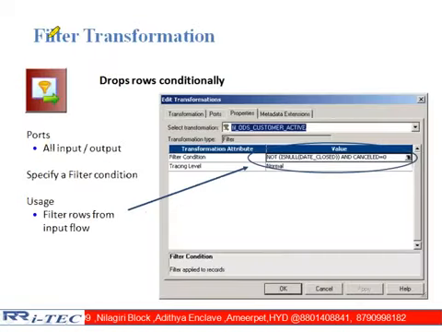Right. See this one, filter transformation is useful to drop rows conditionally. What is the condition I am putting here? Not of is null of date closed. One is date closed should not be null, and cancel should not be equal to 0. If this overall condition is not satisfied, then I am filtering it out. Something I am trying to calculate here is active customer.